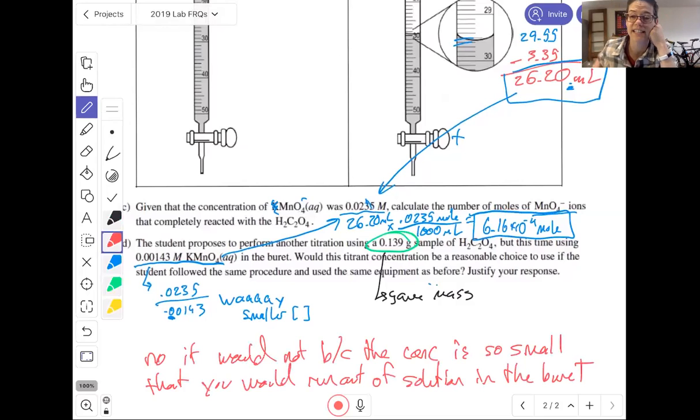And there's practically nothing worse in a titration than running out of solution in the burette. The only thing that is worse is to forget to put indicator in and therefore not knowing when you're supposed to stop.